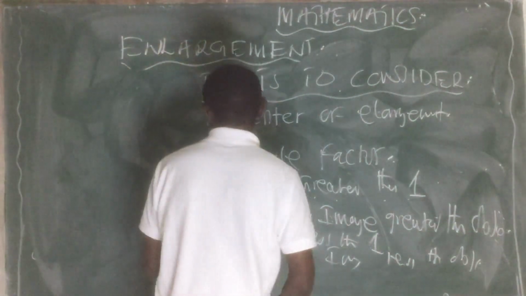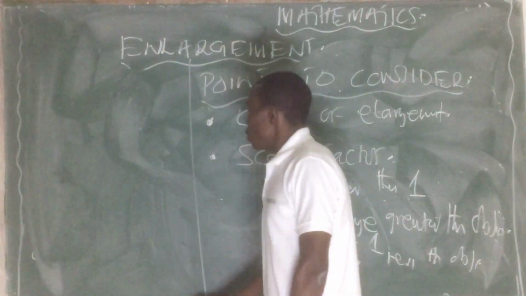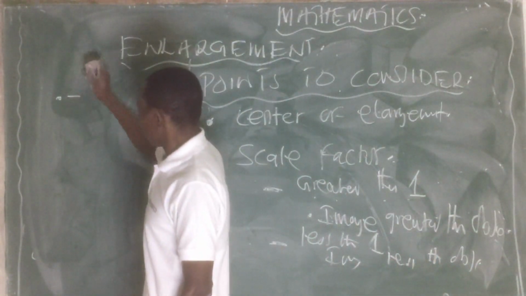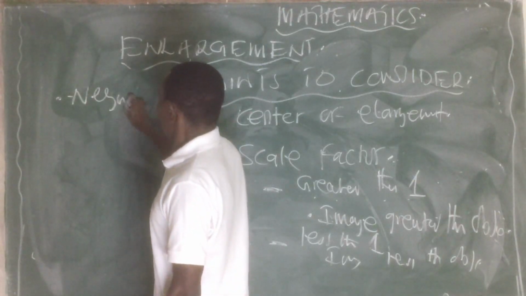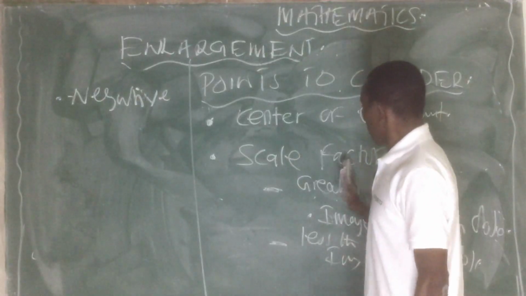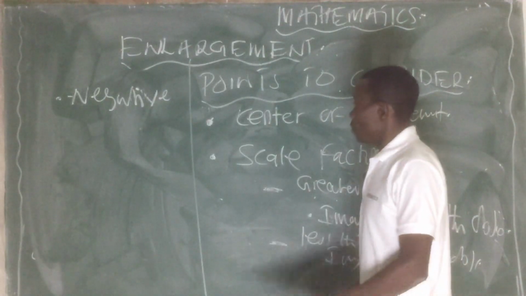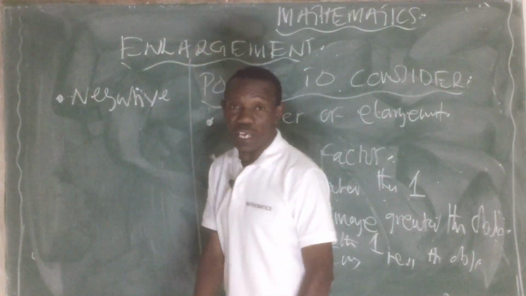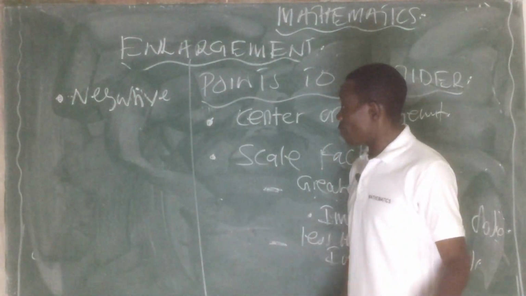And at some point in time, we can also expect to have a scale factor that is negative. We're going to discuss how we can find these scale factors. Of course, I've already defined it: we are just saying how many times are you going to enlarge an object? Is it twice as much or half as much?